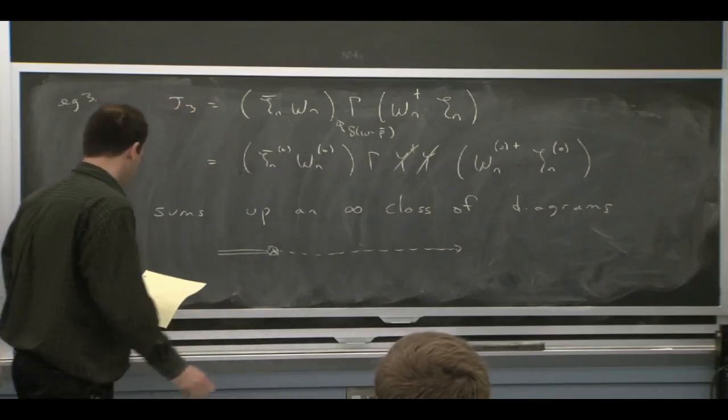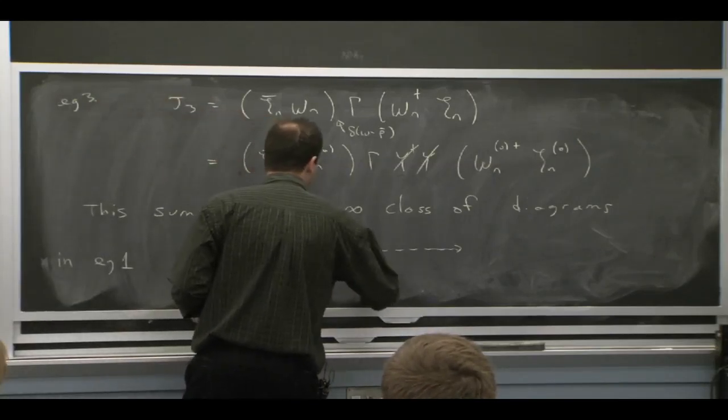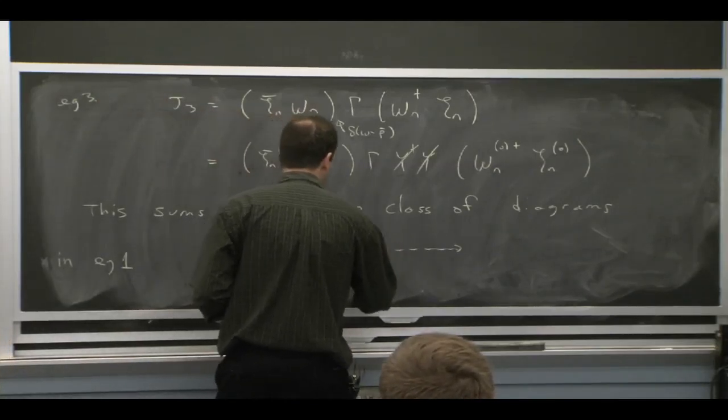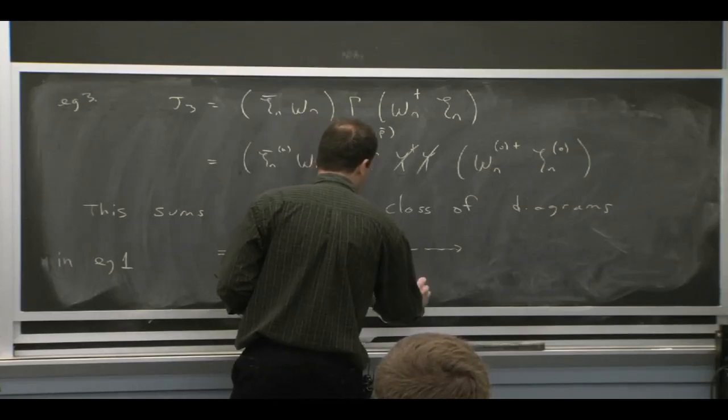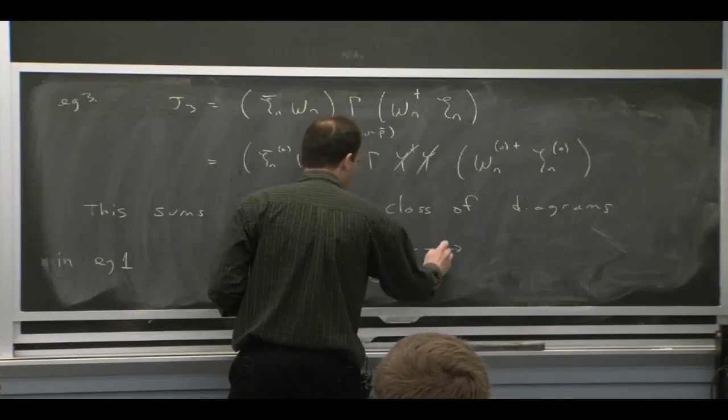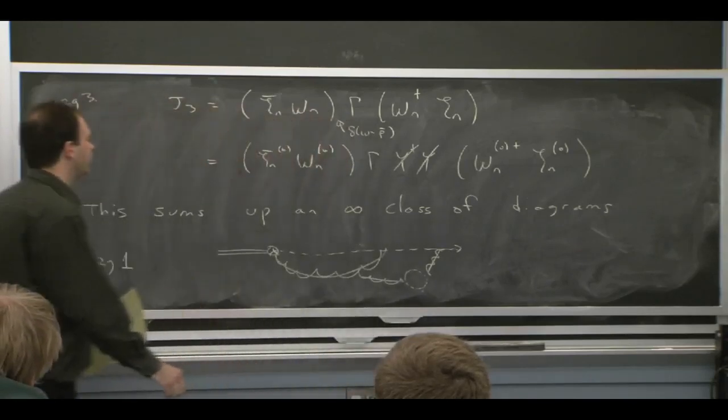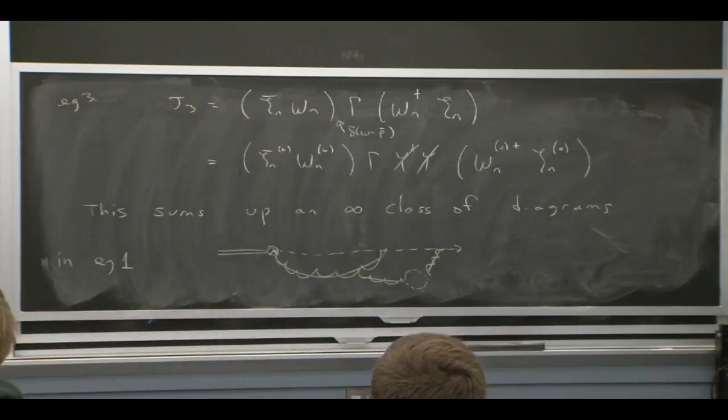So let's have some collinear particles. And just to make it look non-trivial, let me draw something that seems kind of non-trivial. So there's a bunch of collinear particles. And then we could add ultrasoft gluons to them. The ultrasoft gluons can couple to all those collinear particles, the gluons, the quarks, everybody.